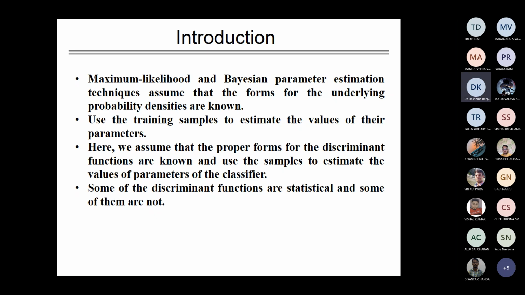Among the discriminant functions, some are statistical and some of them are not statistical. When we talk about support vector machines, we need to understand the underlying concept of discriminant functions, and only then can we initiate the discussion about support vector machines and other statistical or non-statistical discriminant functions.